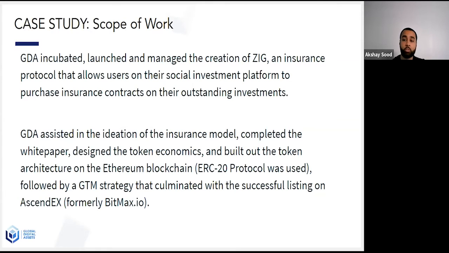And then we just essentially put two and two together, and we created a model for them that allowed the Zig platform to provide risk-averse crypto trading and crypto investment, comparable to, say, investing in the stock market or in ETFs, treasury bonds, or any of those other entities that people can invest in.